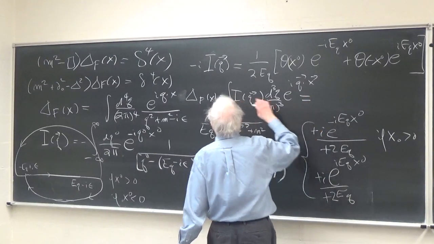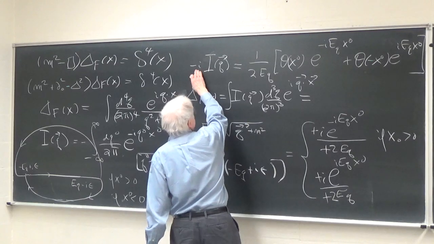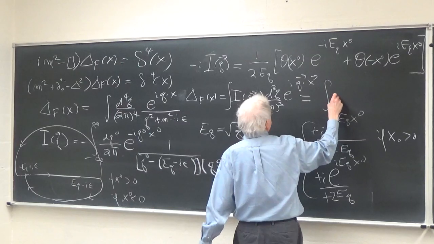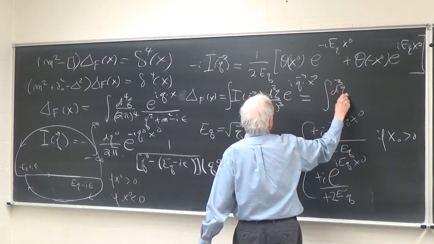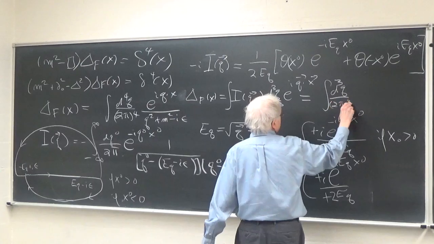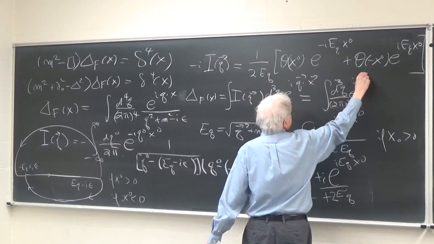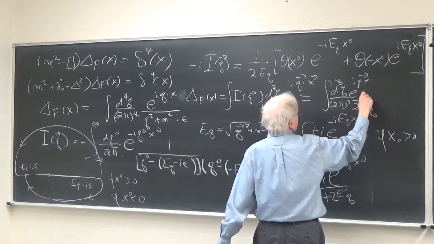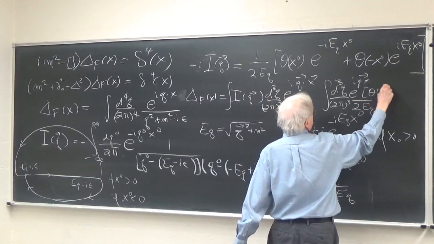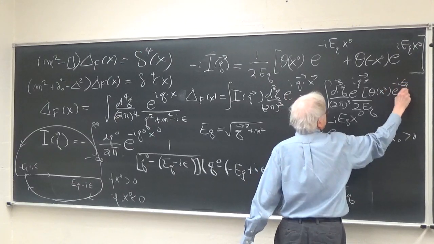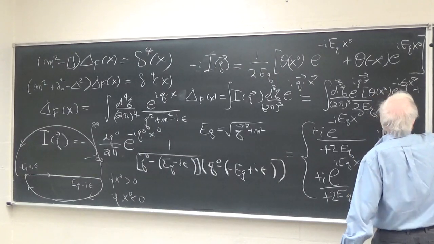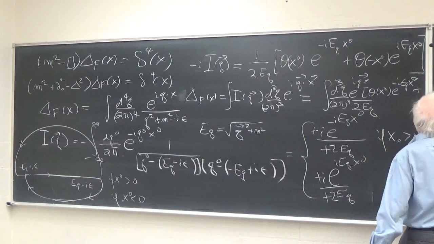is, okay, if we multiply both sides by I, we get an I over here. So we get an integral dq over 2 pi q e to the I q dot x, and we have 2eq, and then we have theta of x0 e to the minus I eq x0 plus theta of minus x0 e to the I eq x0.